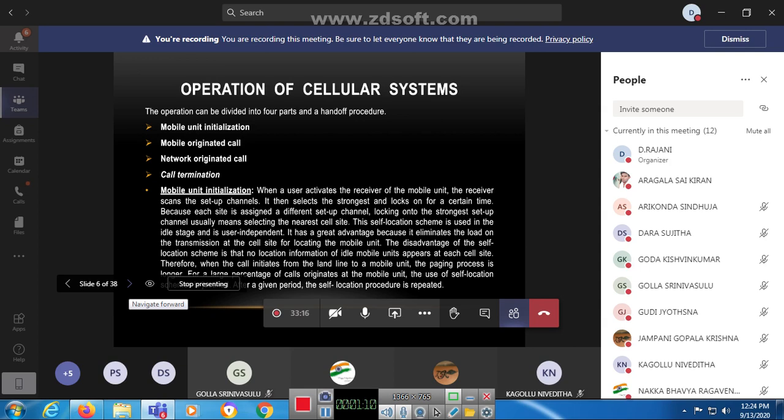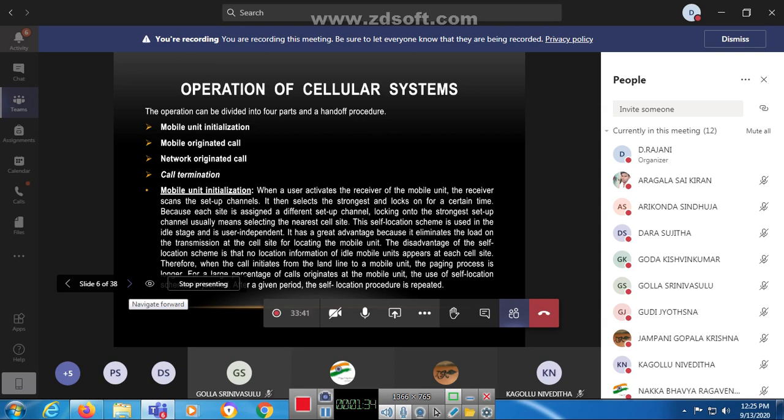So this mobile unit initialization concept is simply when we take a call, we are using any mobile, or any user we can consider. For a mobile call going outside, first they receive the call only.